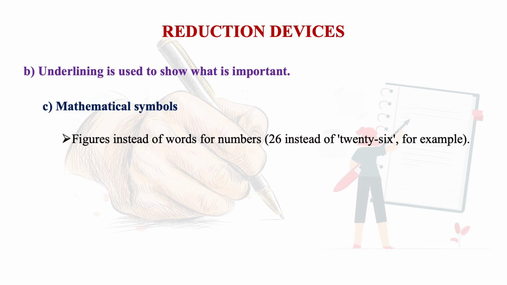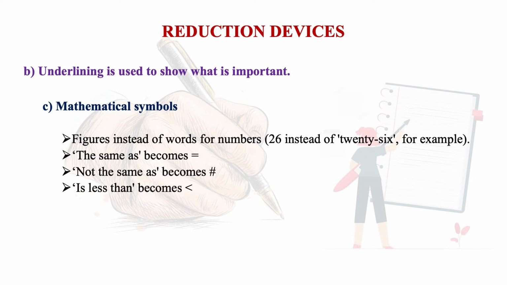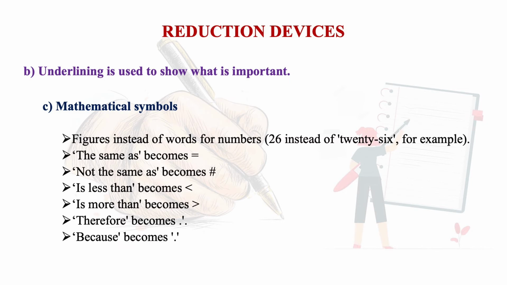Then similarly, instead of writing the same as in words, you simply make use of the is equal to symbol, and not the same as becomes is equal to, then cross it, you can cut it. And there is a symbol for is less than, and for is more than. Therefore also has a symbol, and because also has a symbol.